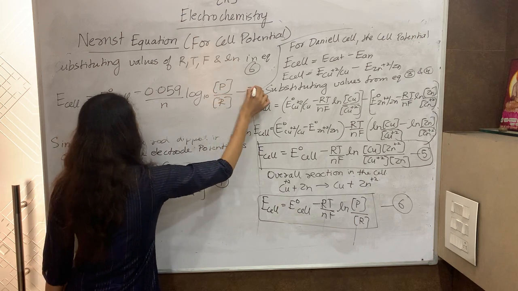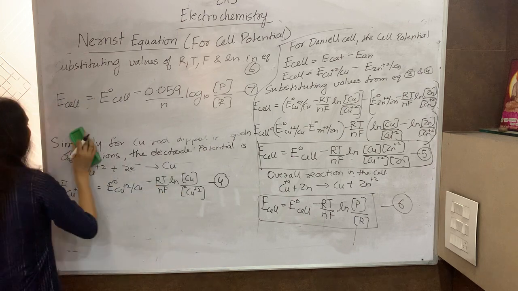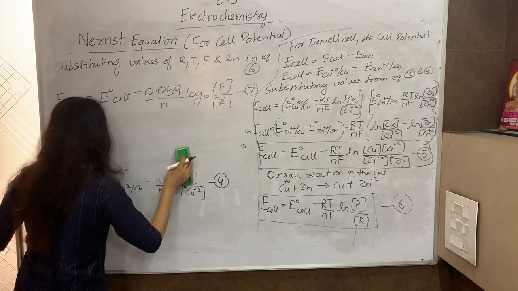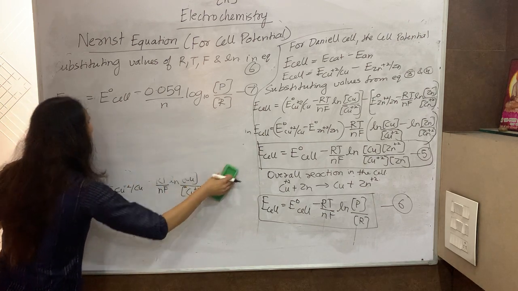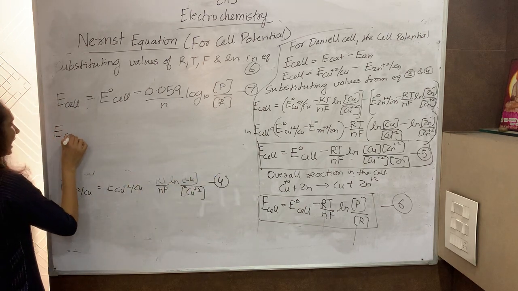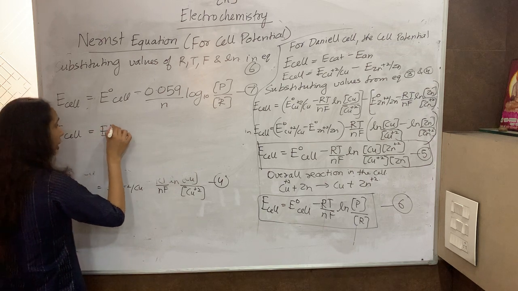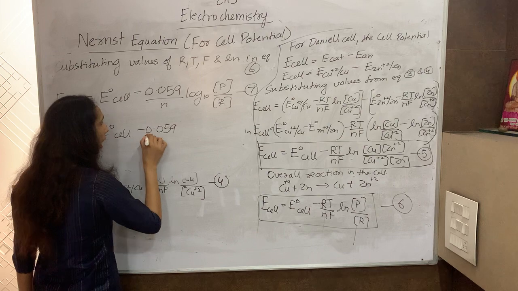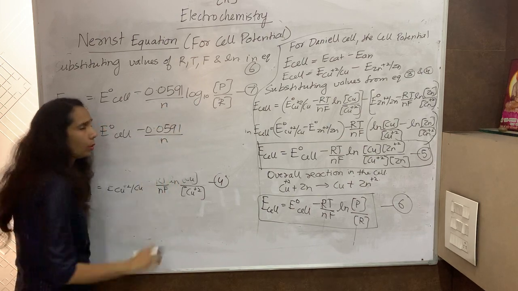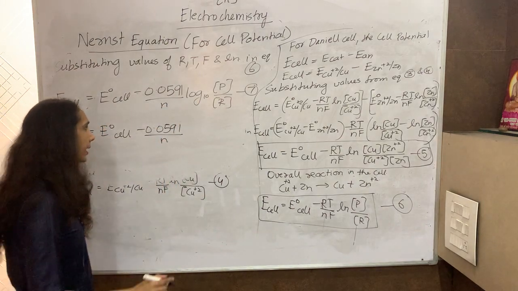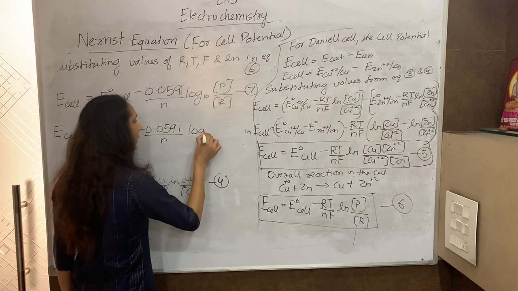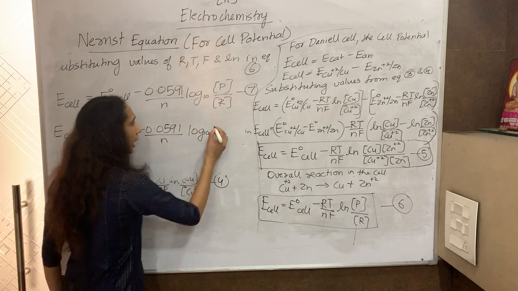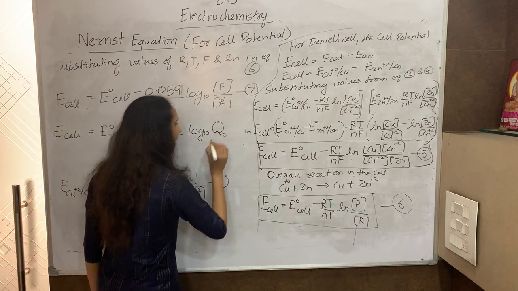There is one more possibility. Instead of product and reactant, I can also write Q. I can write this as E cell is equal to E naught cell minus 0.059 upon N, you can take it as 1 also to be more accurate, log 10 Q. Or I can write QC.